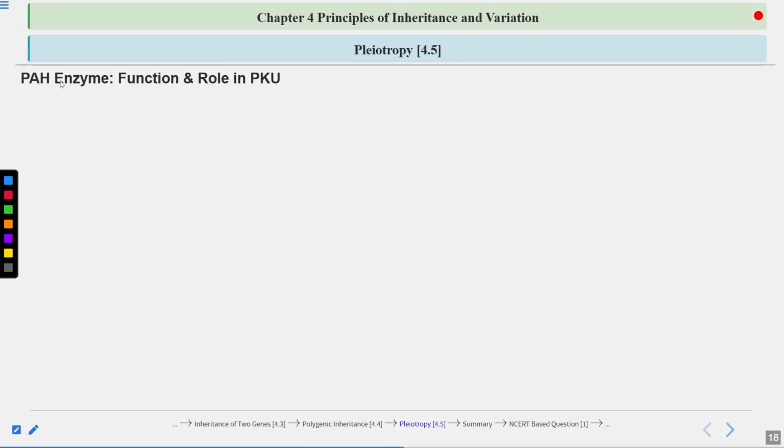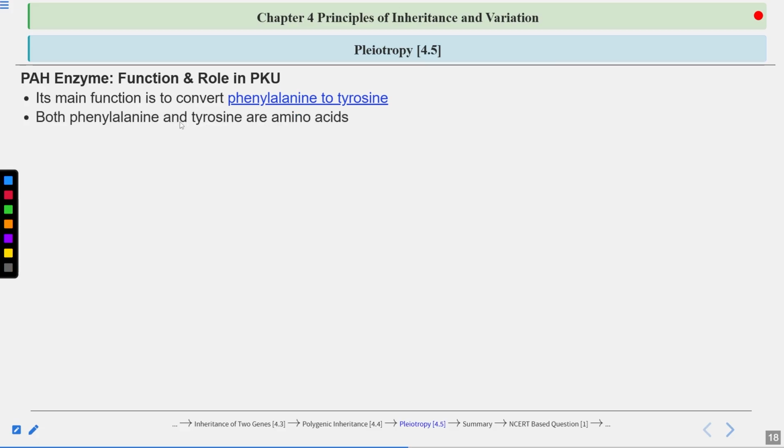Now, what are the function and role of this enzyme, phenylalanine hydroxylase, in phenylketonuria? Its main function is to convert phenylalanine to tyrosine. These are two very important amino acids in any organism. If the enzyme is not produced or is non-functional, then phenylalanine will not be converted into tyrosine, and phenylalanine will accumulate in the body.